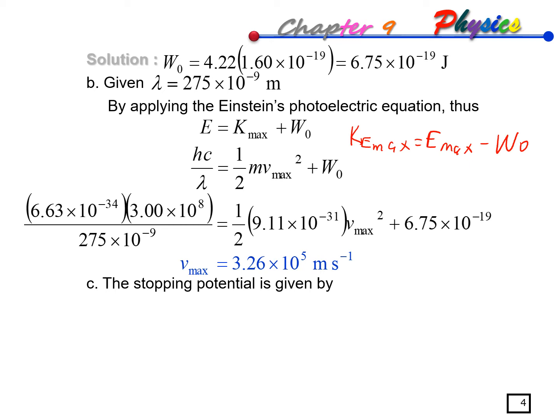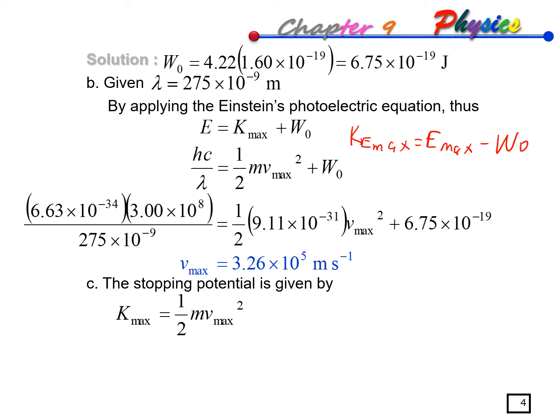So the stopping potential. Basically the stopping potential will be equivalent to the amount of maximum kinetic energy. Once you have excess kinetic energy, the electron will move even without you providing potential. So what you do is provide a potential to stop the moving electron. The potential that you provide will be equivalent to the maximum kinetic energy.